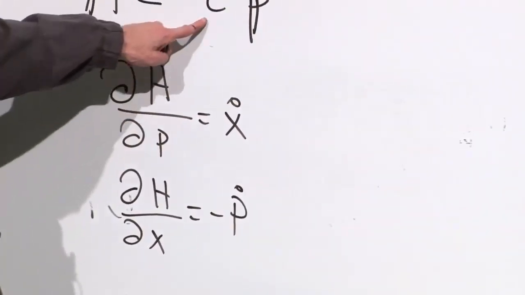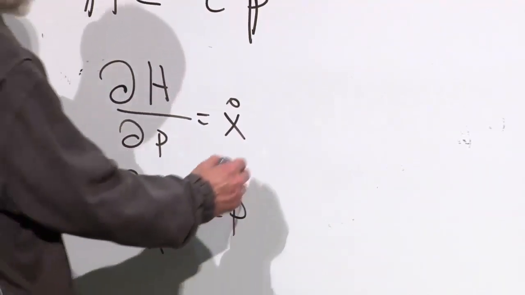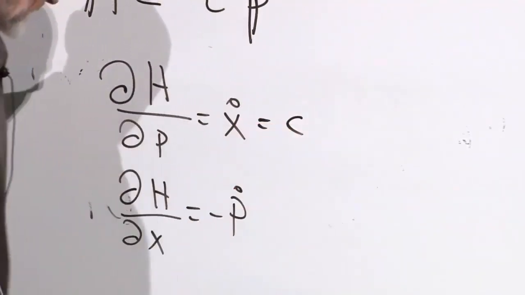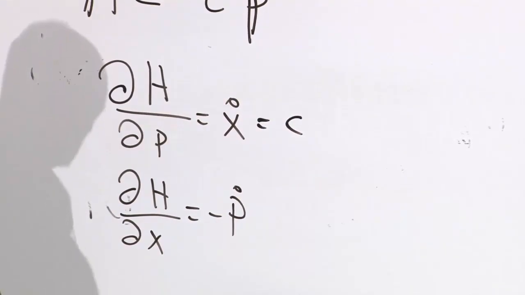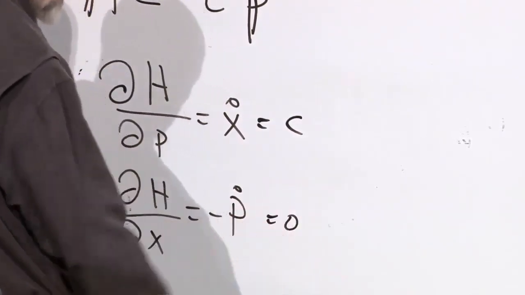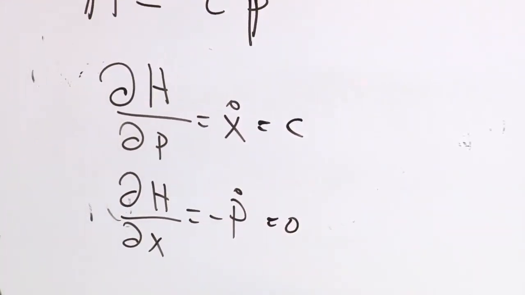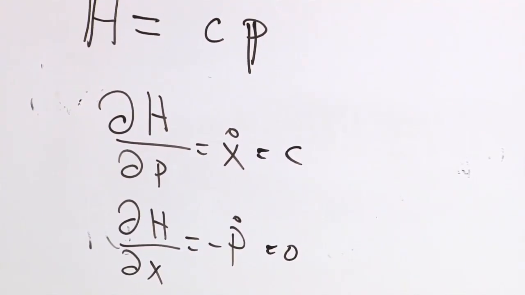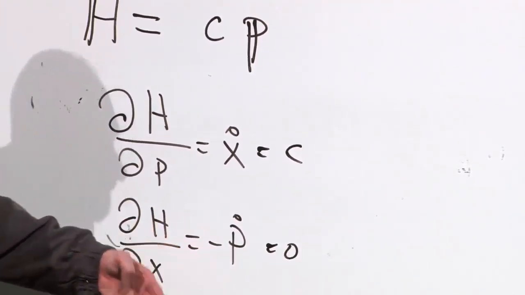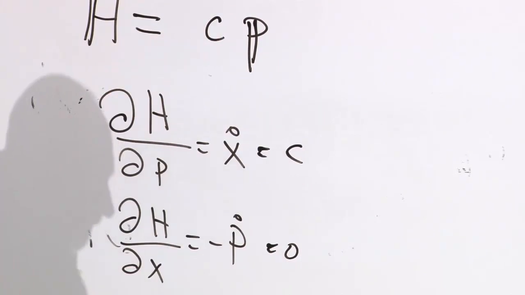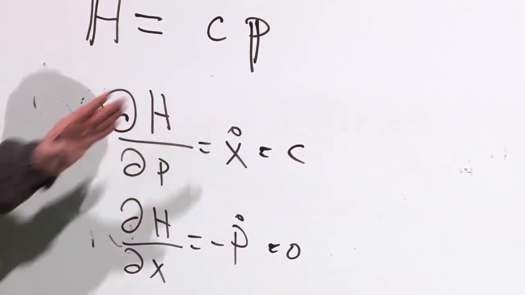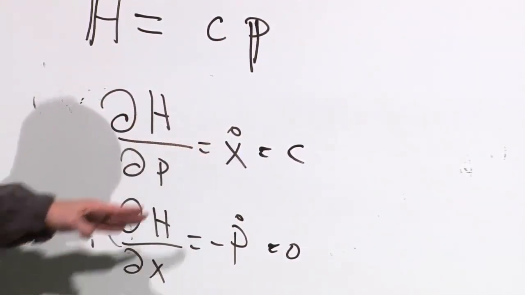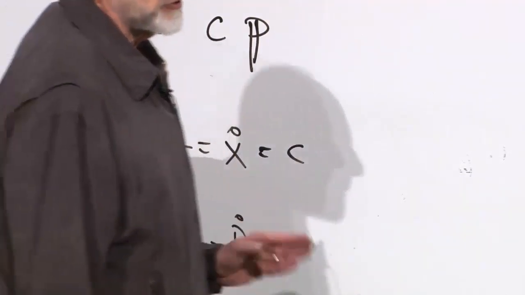dH by dp is just equal to c, right? dH by dx, that's equal to 0. So what this says classically is that the momentum is conserved. Now we'll come back to the conservation of momentum in quantum mechanics. But it also says that the position of the particle moves with velocity c.